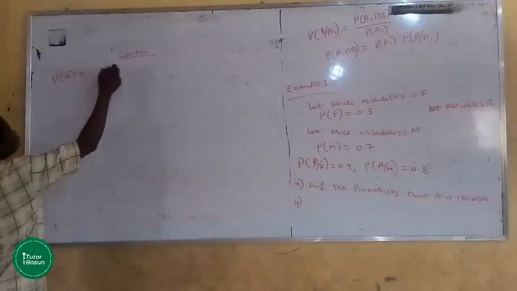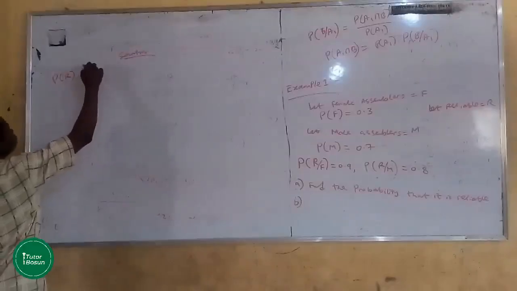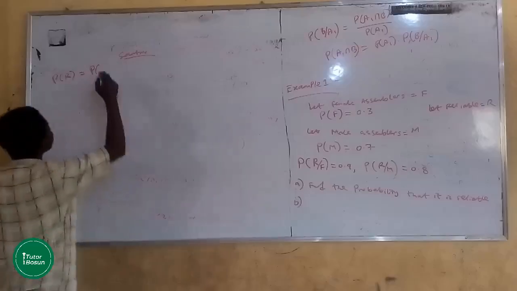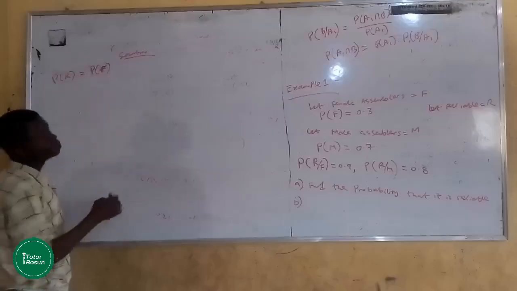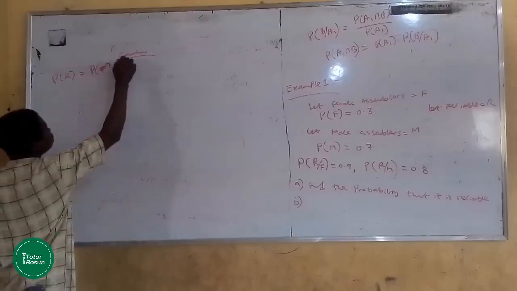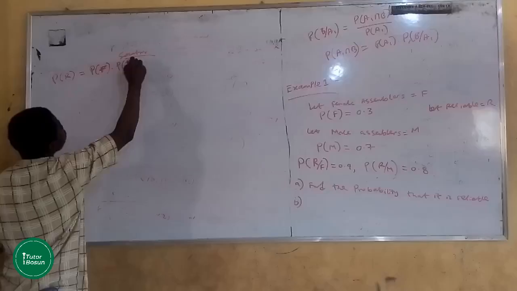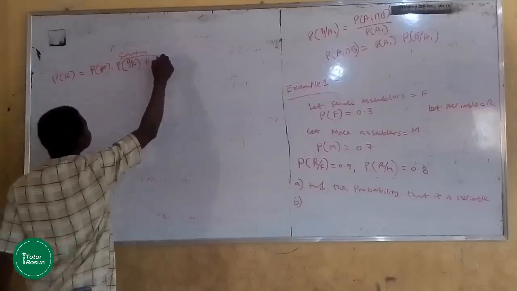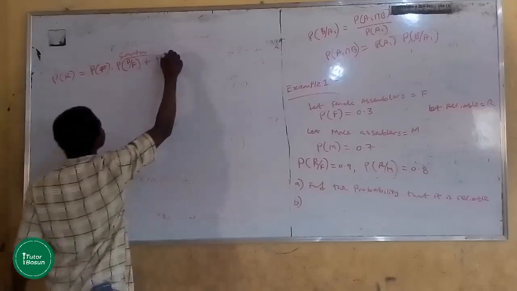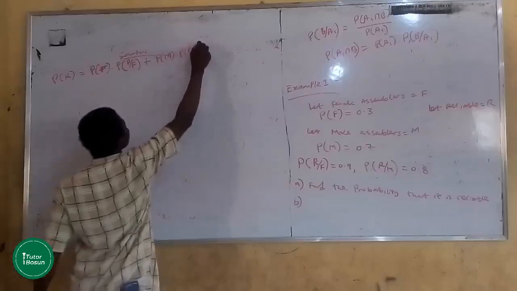Which is equal to the probability of female, multiplied by the probability of reliable given female, remember from the concept of total probability, plus the probability of male multiplied by the probability of reliable given male.